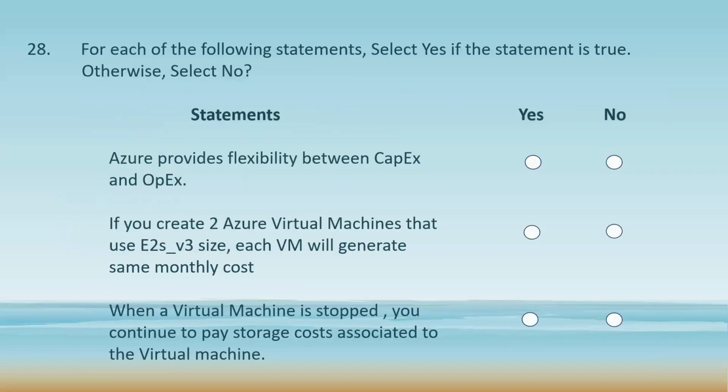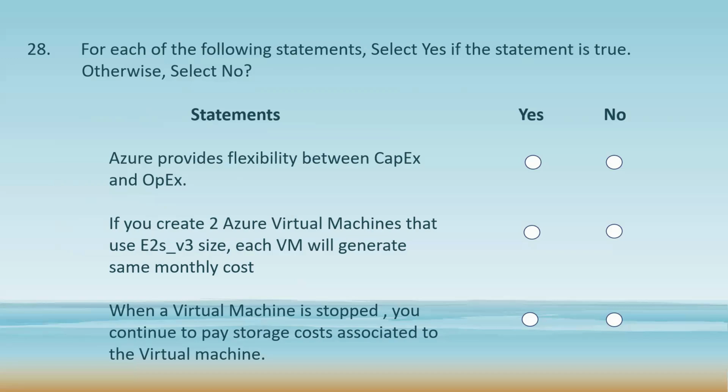For each of the following statements, select yes if the statement is true, otherwise select no. So the first statement is: Azure provides flexibility between CapEx and OpEx. Let's first understand what is CapEx and OpEx. CapEx, or capital expenditure, in layman terms, is a company's long-term expense or upfront cost.